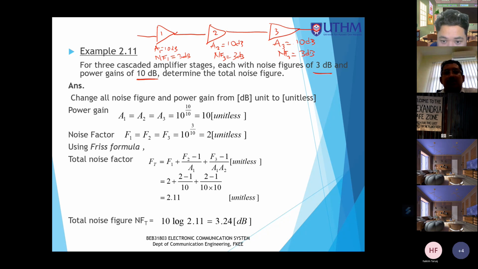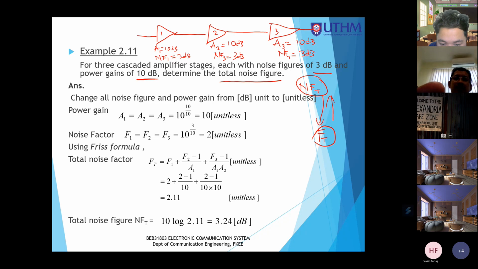So the question asks you to determine the total noise figure. Find the NF total. So in order to find the NF total, first of all, you need to find the F total. Once you dapat F total, barulah you boleh cari NF total. Okay. Macam mana nak cari F total? F total you boleh cari menggunakan Friis equation.